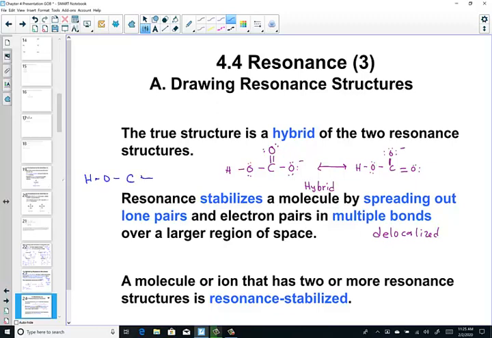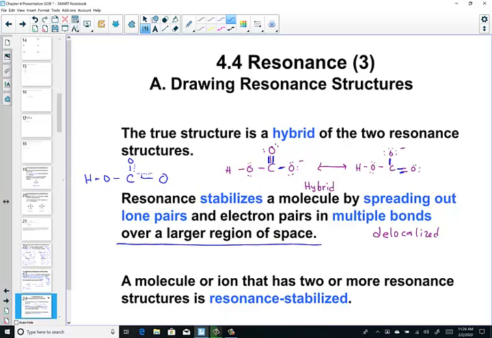From carbon to both oxygens have a delocalized double bond, and I'm going to draw dashed lines to let you know that it's not really a double bond in this direction, single. It's not really a single and then a double in this direction, but that shared pair of electrons is being spread evenly, spread out, delocalized across multiple atoms of the same size.